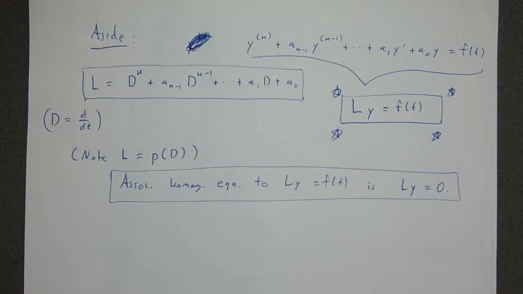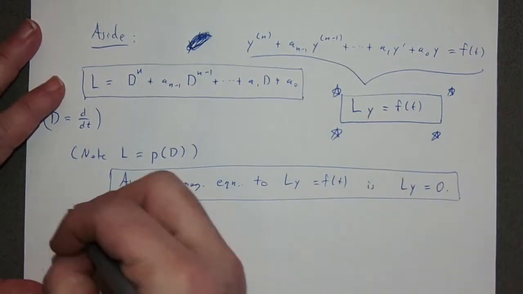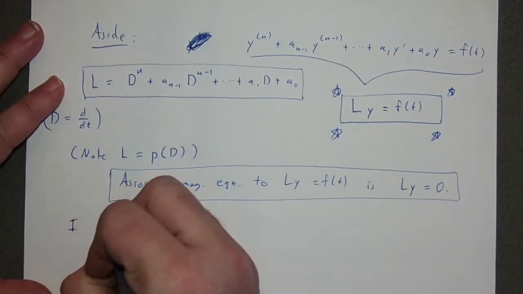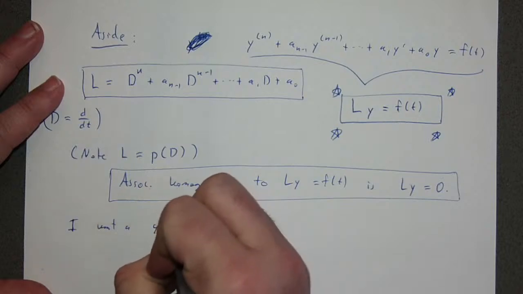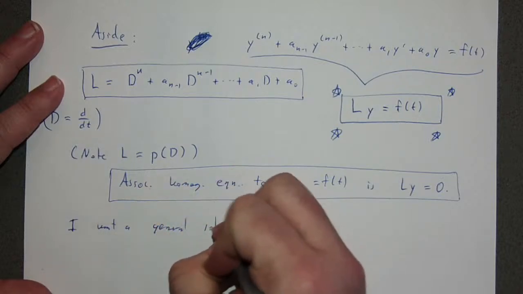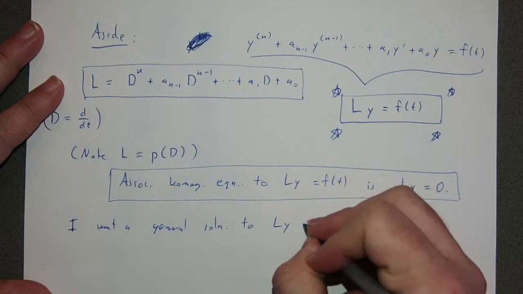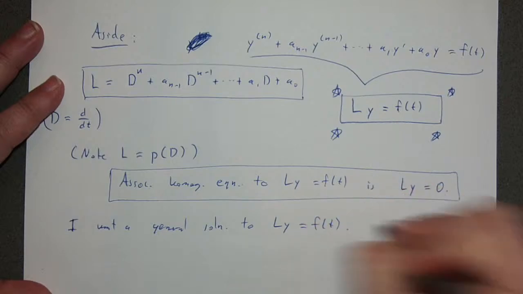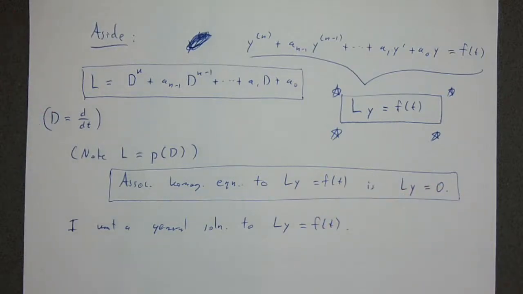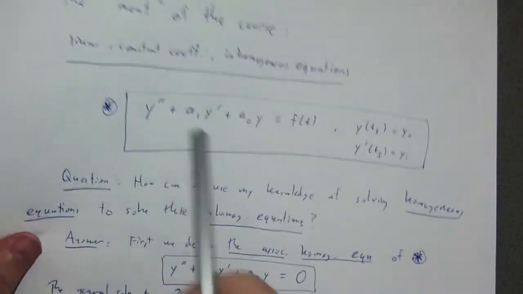Now, what can I say about a general solution to Ly equals f of t? I want a general solution to Ly equals f of t, which you can remember is the same, in the n equals 2 case, as this.